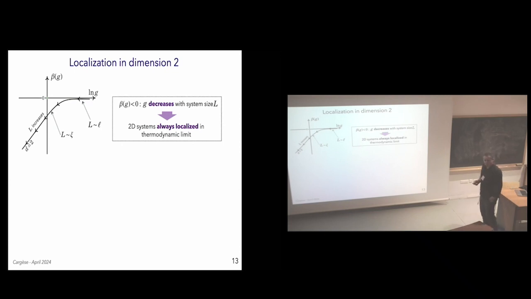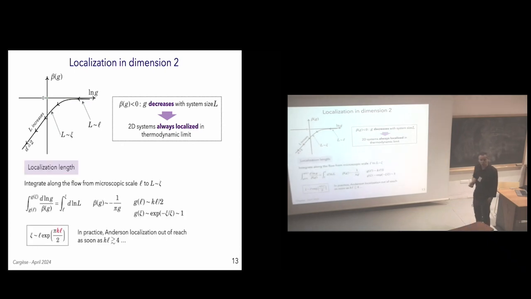In fact, you can do much more even with this approach. It's possible to get an estimate of the localization length in 2D. So the method is pretty simple. It involves integrating the beta function here, starting from the microscopic scales, which are somewhere here at large g, up to an intermediate scale, the localization length, where the beta function here is still closely approximated by its asymptotic form.